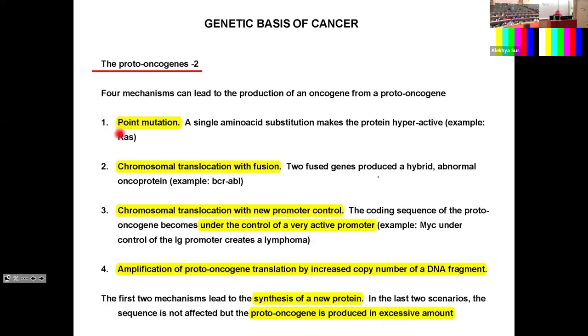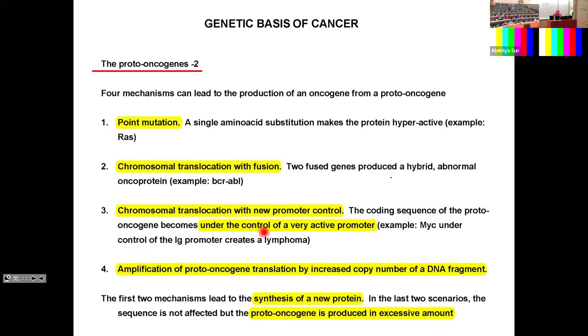Number 1 is the point mutation, a single amino acid substitution that makes the protein hyperactive. Then you have the chromosomal translocation with fusion, and we are going to see the example, BCR-ABL, because that protein didn't exist, it's a new protein.